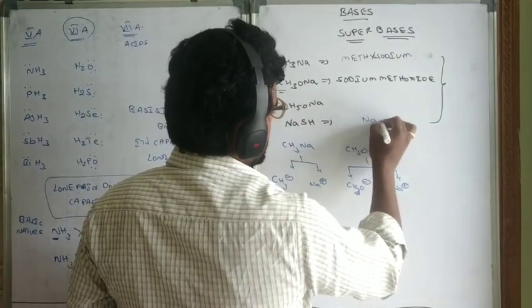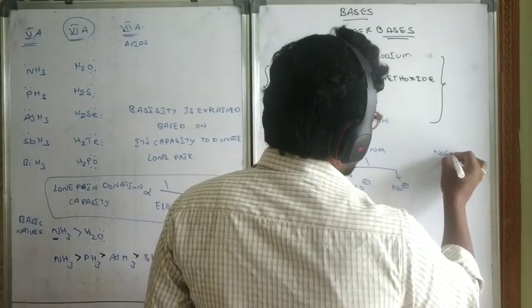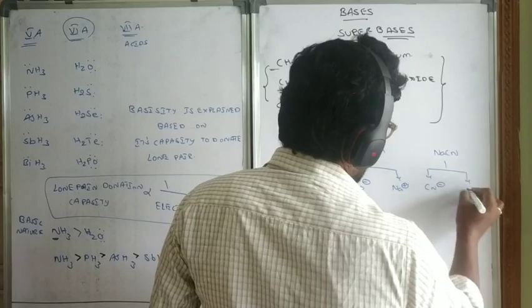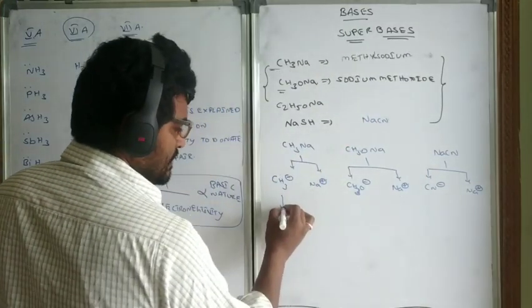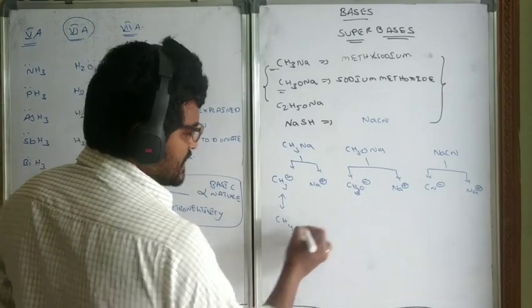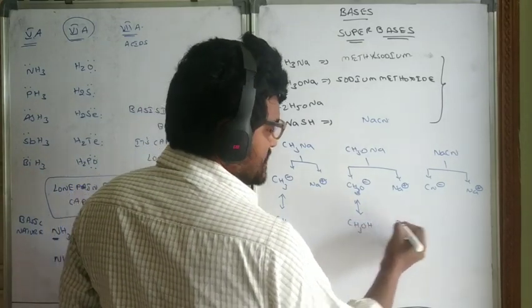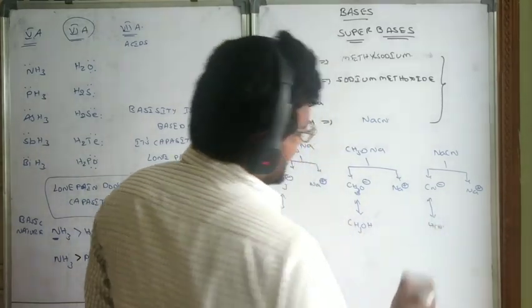One more is NaCN, which will break down into CN minus and Na plus. CH3 minus comes from CH4, CH3O minus comes from CH3OH, and CN minus comes from HCN.